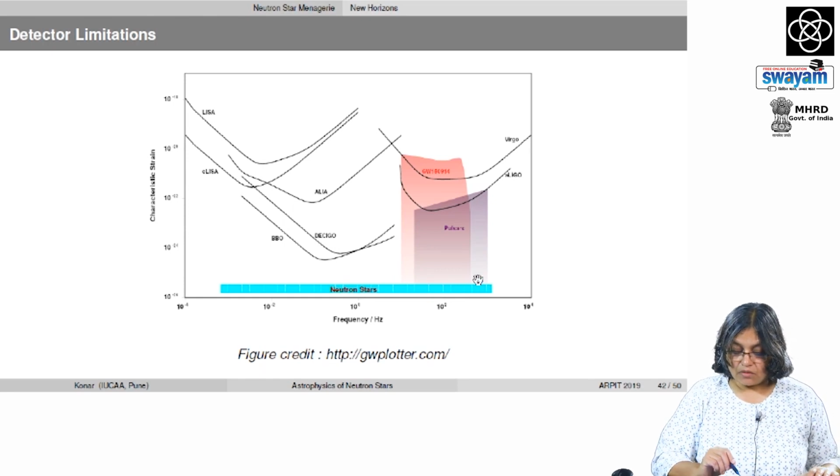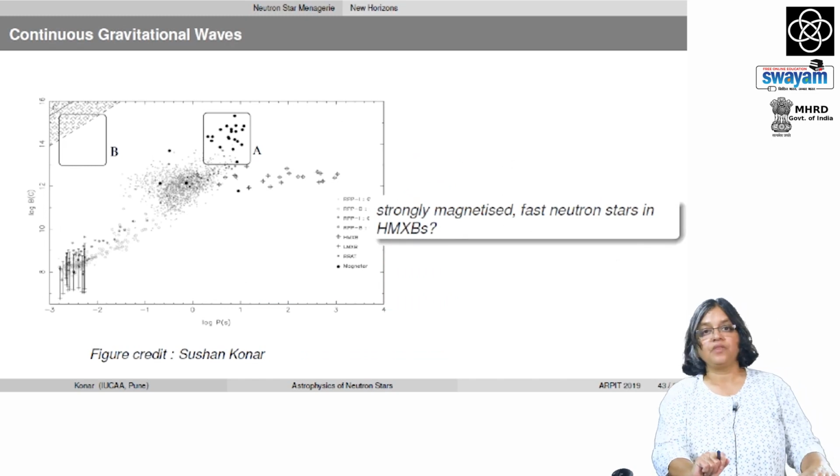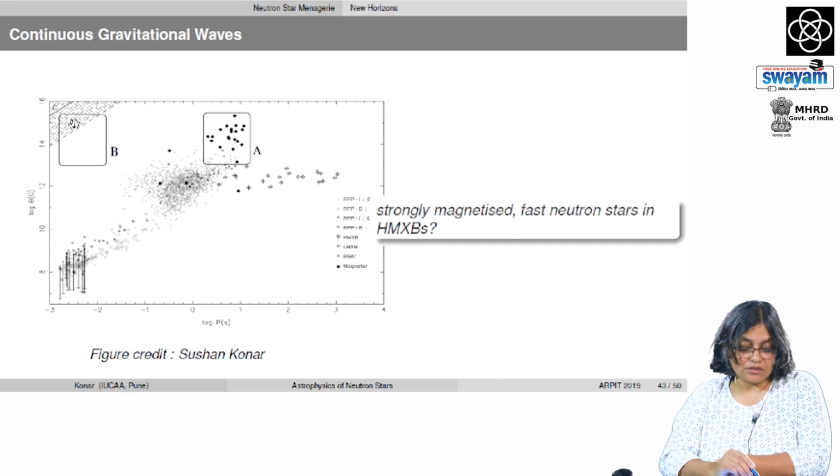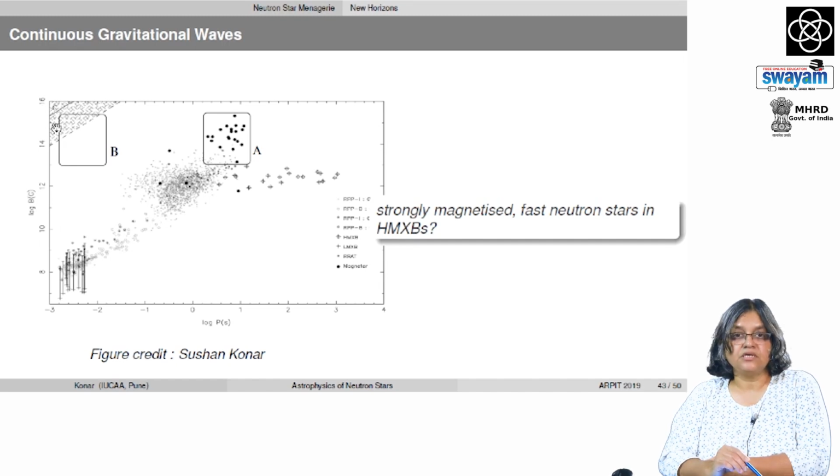Now, what we see in this picture is the region in which our planned space based detectors' sensitivity lies.